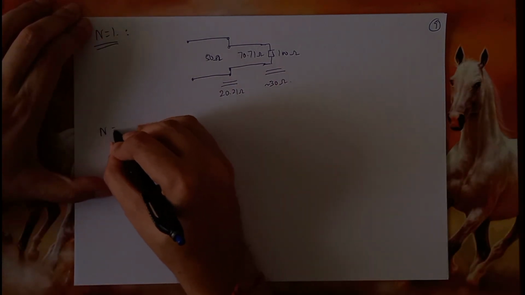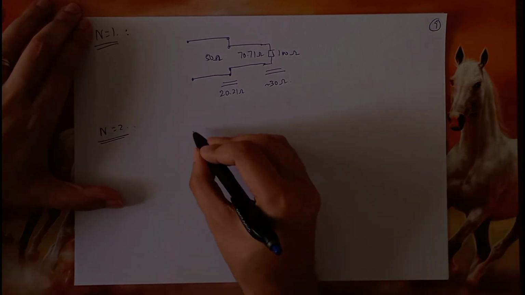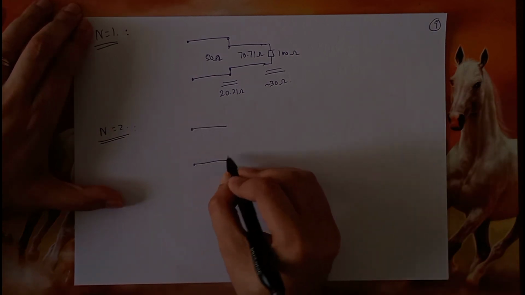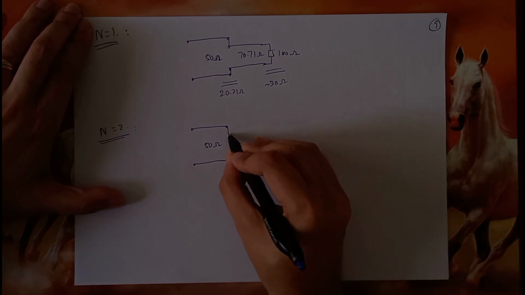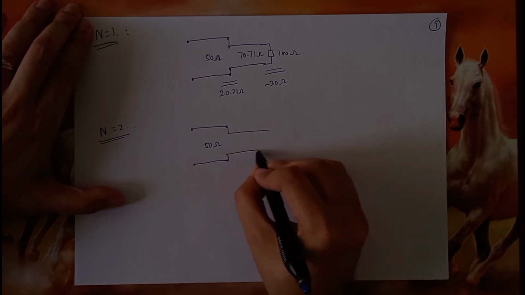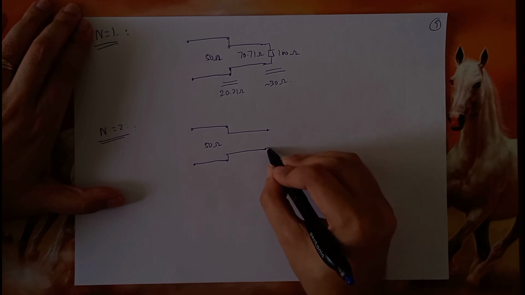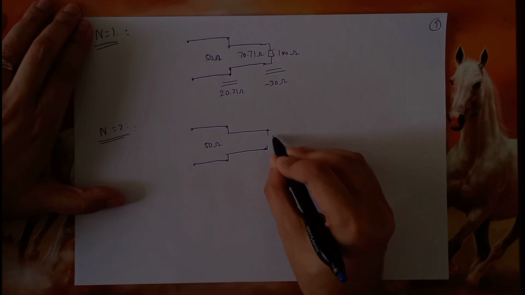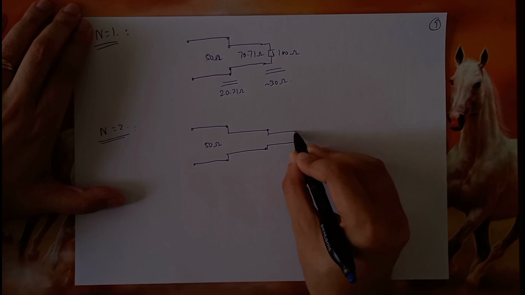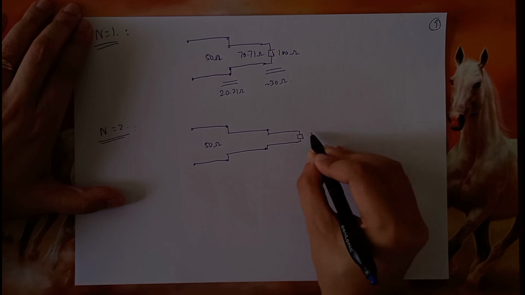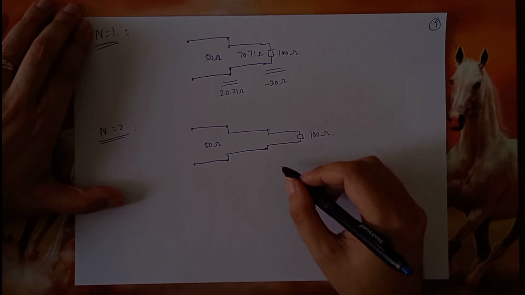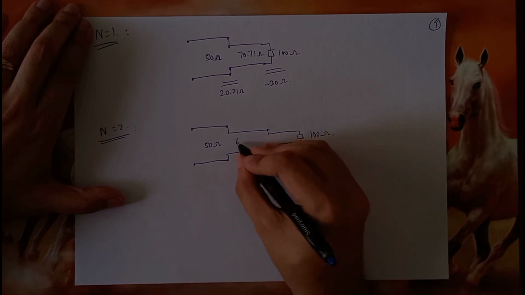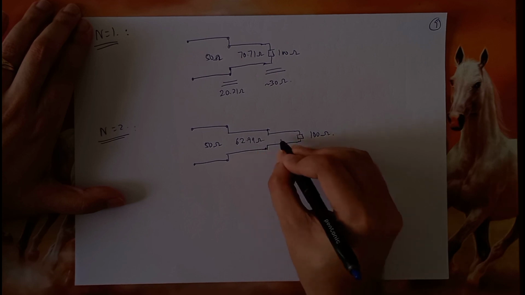If I now look at n equal to 2, what is happening? This is my main line of 50 ohms. This is my first matching section, then the second section, and finally the load. So this is 62.99, this is 79.37.